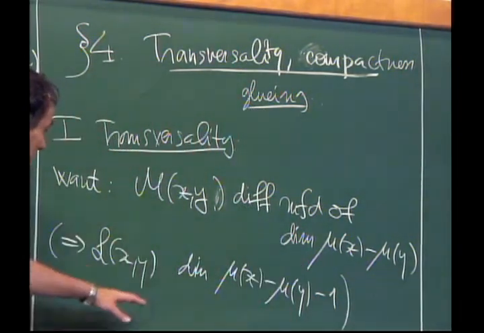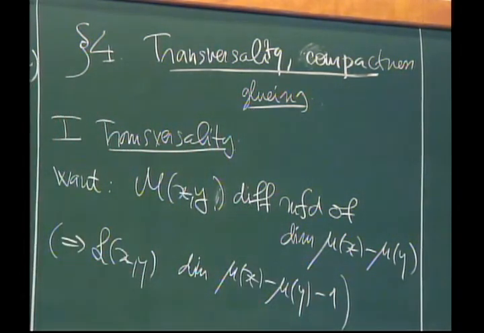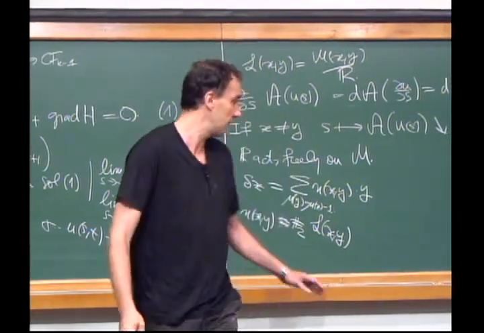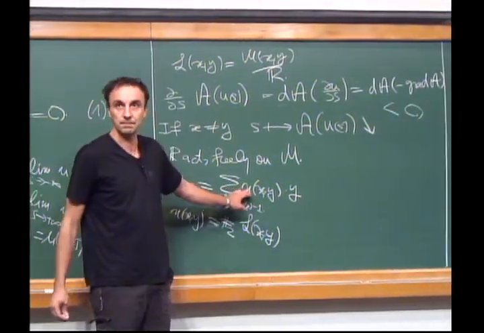And this is what we want, because we want L_XY to be a manifold of dimension 0. We want it to be a compact manifold of dimension 0 in order to have it finite, in order to define this number. Okay.